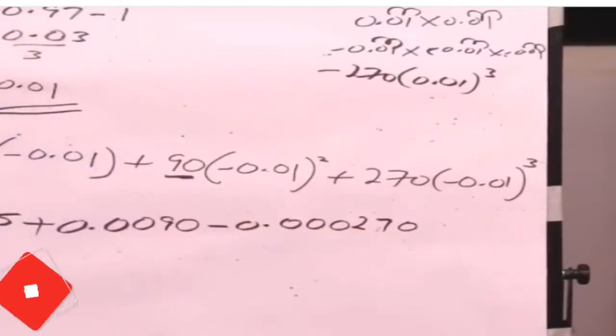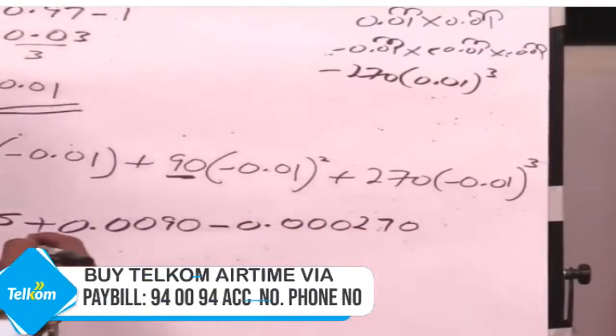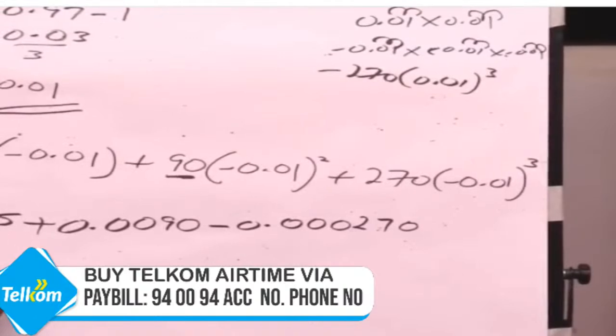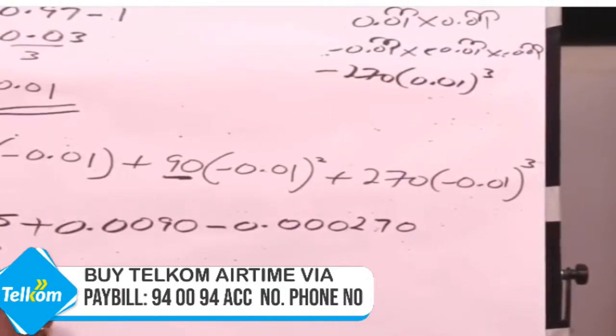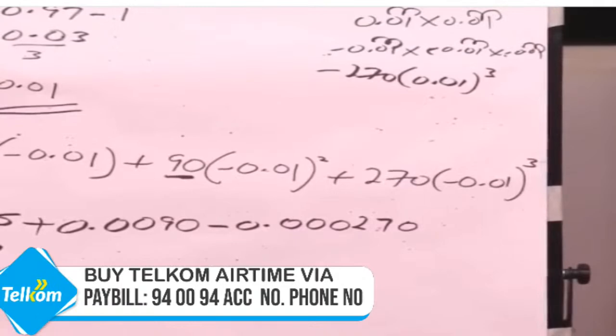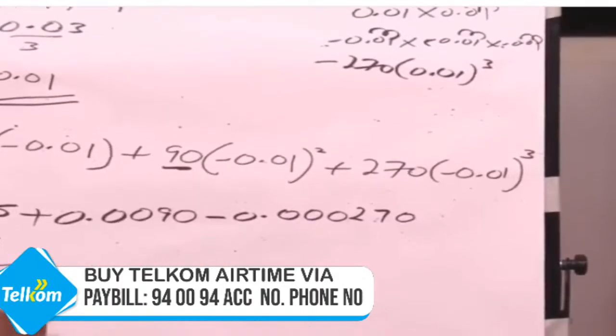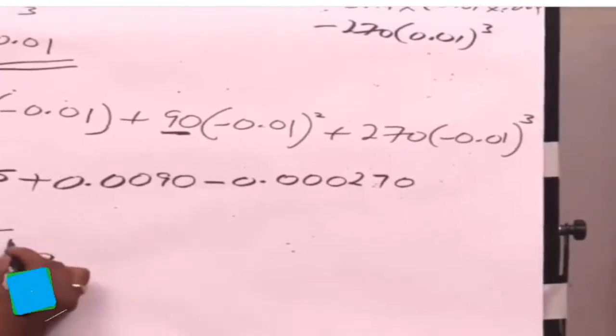Then expand this. 1.00 minus 0.15. When you subtract these two, it becomes 0.85. Then add this, 0.009000.